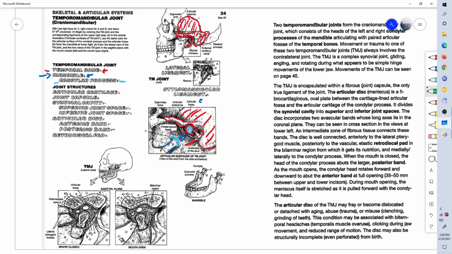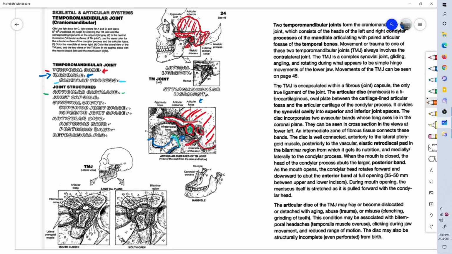Let's use another color for the articular cartilage here and here. Of course, this is the mandible, the coronoid process of the mandible here.